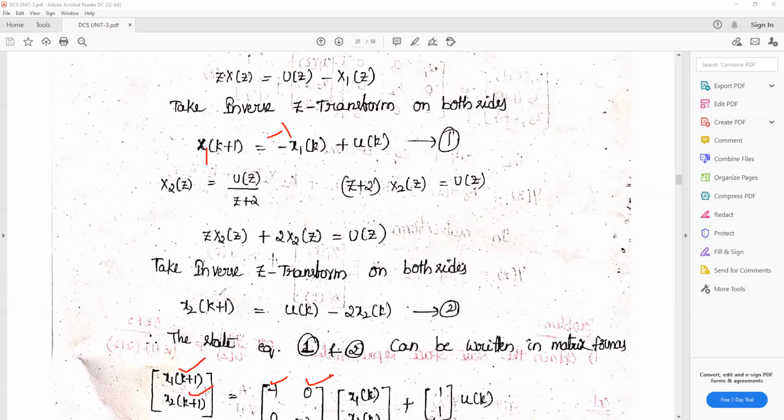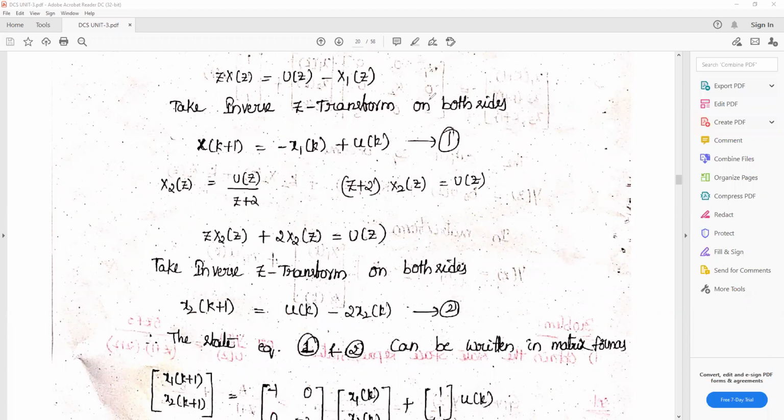And in x2 of k plus 1, the x1 coefficient is 0 and the x2 coefficient is -2. So the matrix is -1, 0, 0, -2. And the u of k coefficient in x1 of k plus 1 is 1, and in x2 of k plus 1 it is also 1. So this is the state equation.